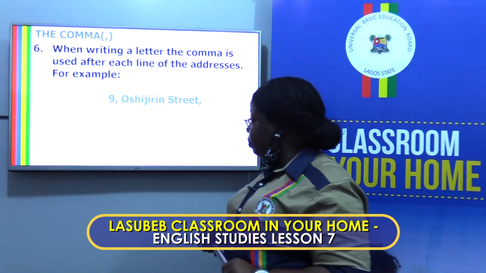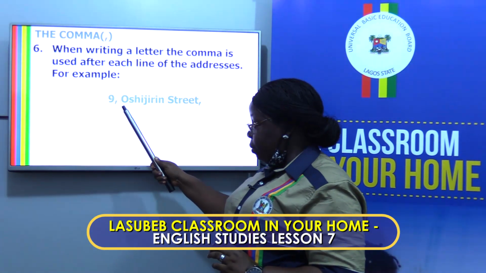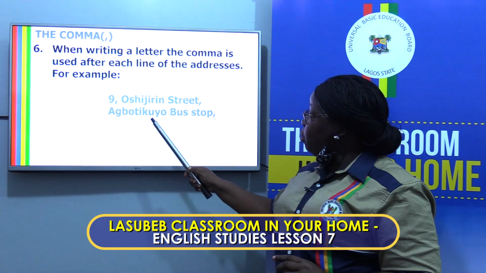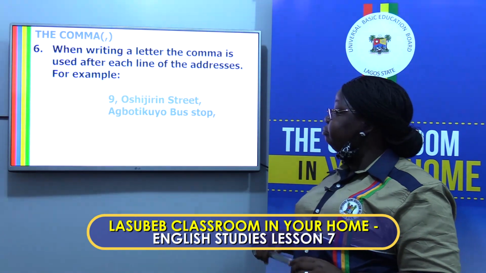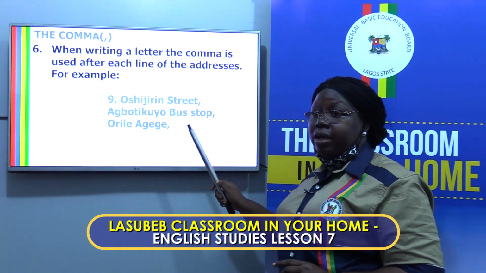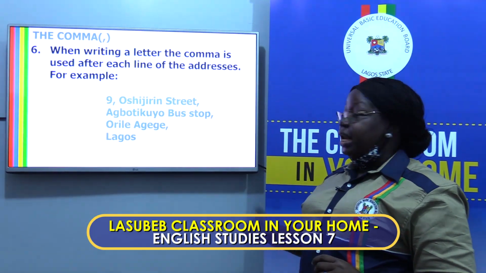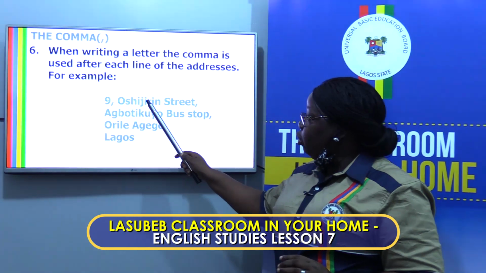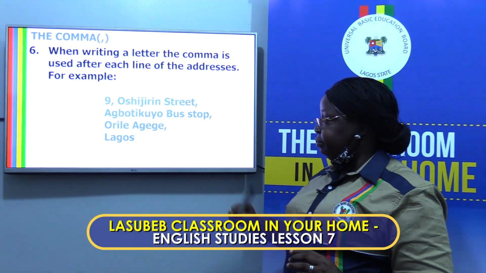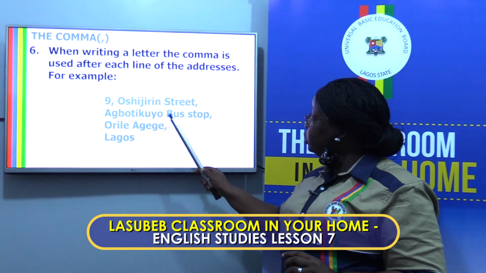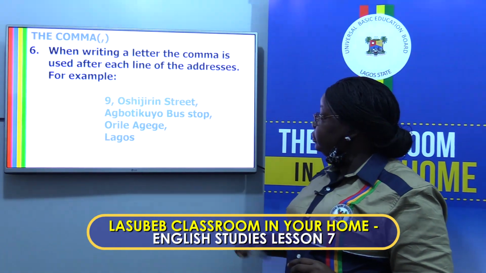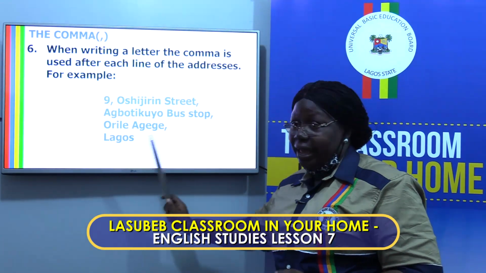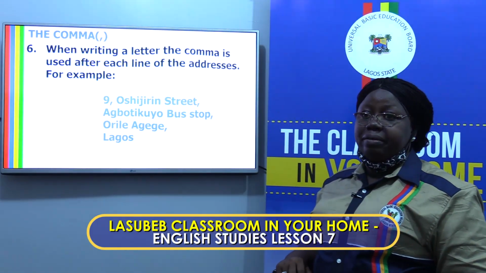Let's see this example. 9, comma, Oshijirin Street, comma, Agbotikuyo bus stop, comma, Orile Agege, comma, Lagos. 9, comma, Oshijirin Street, comma. The next line, Agbotikuyo bus stop, comma, Orile Agege, comma, and the last line, Lagos. There will be no comma there.